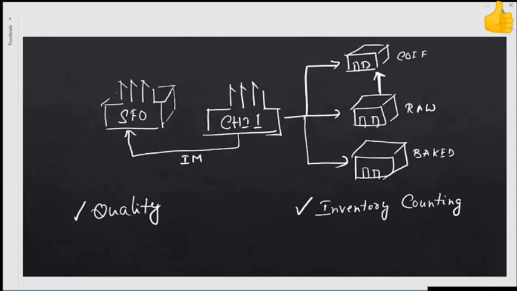But checking for quality is an example of an activity that we do internally within the company. So movement of goods within the company, counting of goods, quality are all examples of inventory management activities. In the next chapter, we'll start with some examples of internal movement of goods.